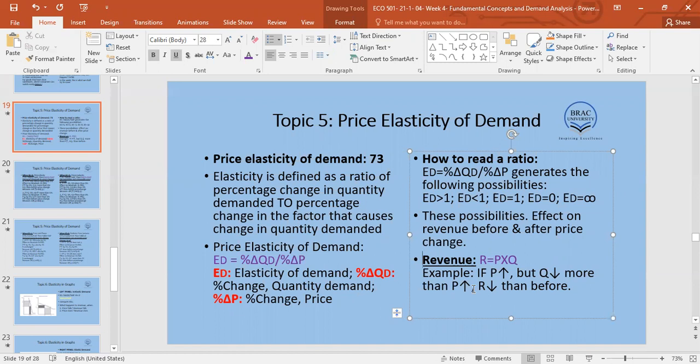Let me give you an example. Price has increased by 5%. The quantity response is more than 5%. People have reduced their purchases by, say, 7%. So although price has increased by 5%, people have reduced their purchases by 7%, which is more than the 5%, so total revenue will definitely be less than before.